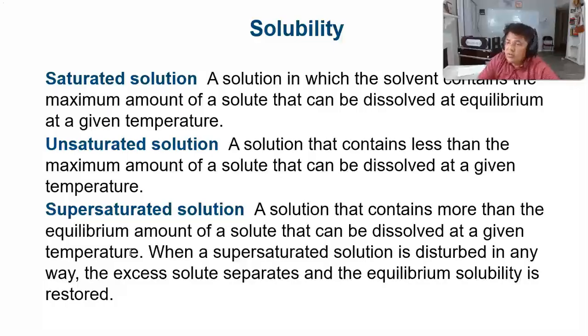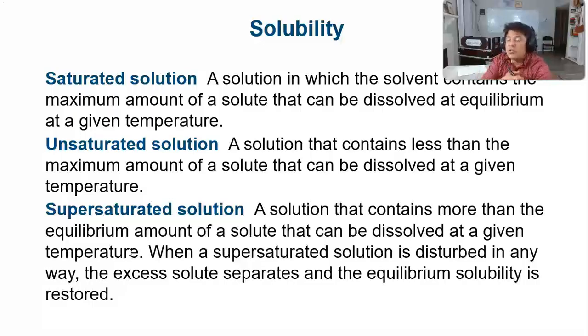Unsaturated solution means it is not saturated, still you can add more. And a supersaturated solution means beyond the saturated solution. Saturated solution means the equilibrium condition. If you add more, it will give you precipitate. So this is the equilibrium condition.